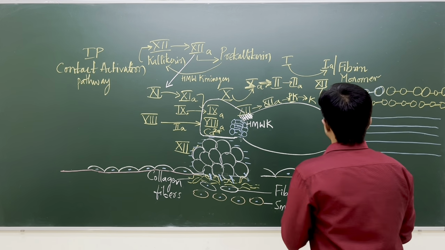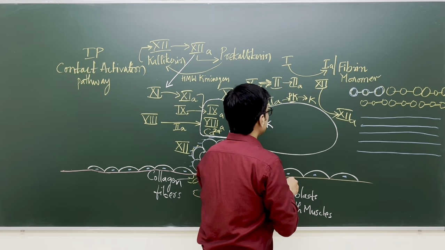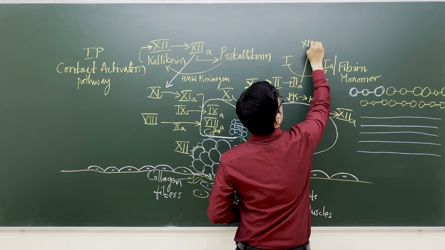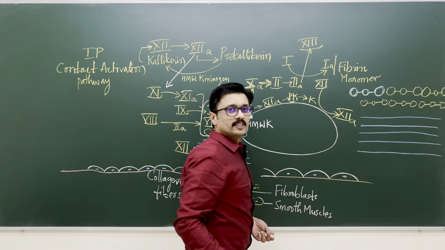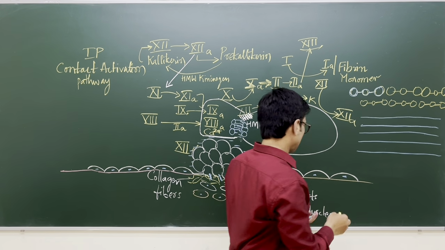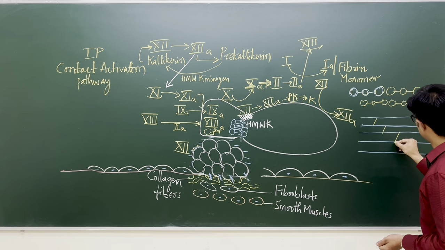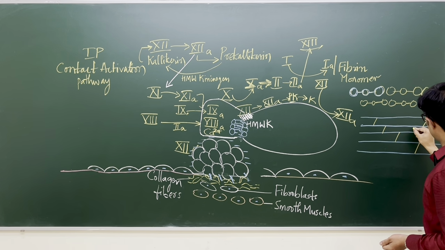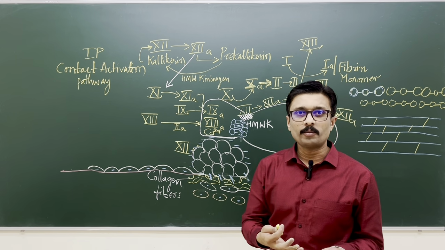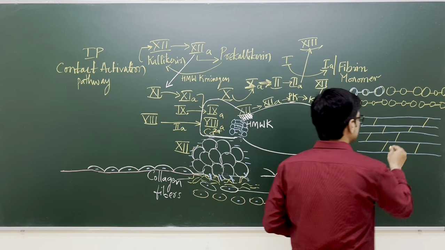And now this prothrombin converted to thrombin, this thrombin 2A activated, this also will activate factor 13. Factor 13 is the fibrin stabilizing factor. This fibrin stabilizing factor will form cross links between these strands, so that the clot which is formed, the fibrin meshwork that is formed, will be very tough now because of this cross linkages.